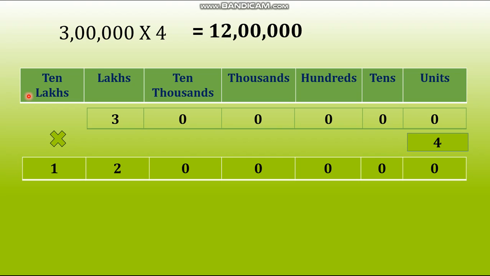So children, here you can see the 10 lakh place to the left of the lakhs place, and just as we read 1000 and 10,000 together, we are going to read lakhs and 10 lakhs together. So this number 1 and 2 we are going to read together. So this value becomes 12 lakhs.